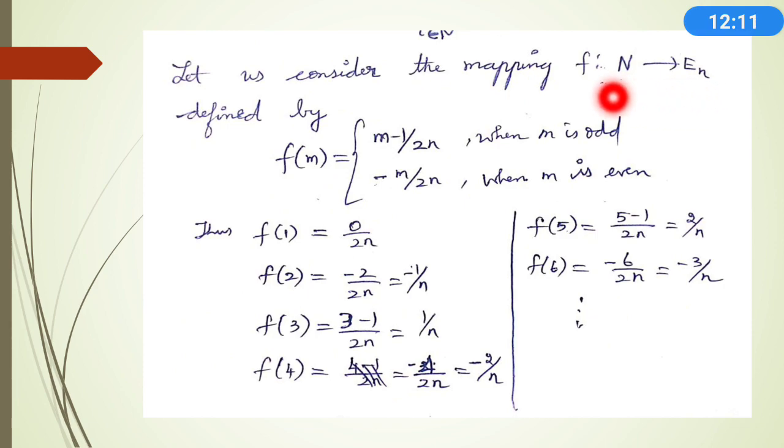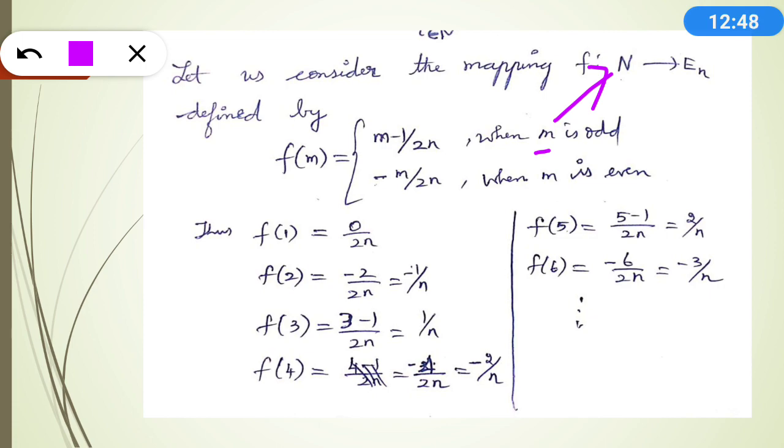We know what En is and what N is. N is the set of all natural numbers. En will be of the form 0, 1 by n, minus 1 by n, 2 by n, minus 2 by n, etc. So define f of m as m minus 1 by 2n when m is odd, and minus m by 2n when m is even, where m is in the set of all natural numbers. Natural numbers start from 1.